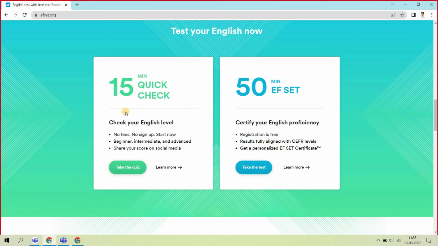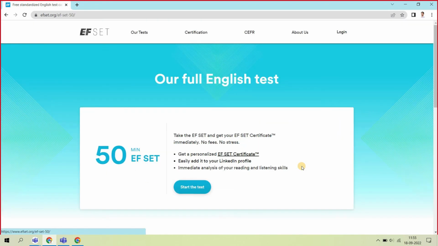I would suggest you take both, but for this first 15-minute test, you will not get any certificate. It is only to check your fundamental English. For this one, if you're able to clear it, you will get a certificate. So we'll focus on school.